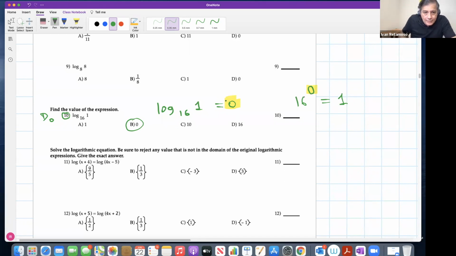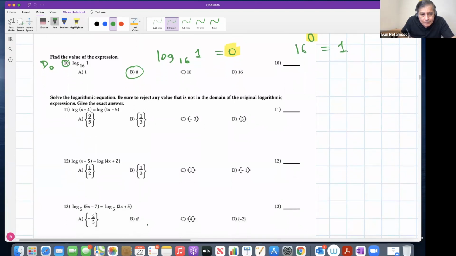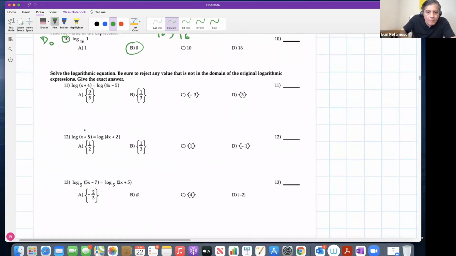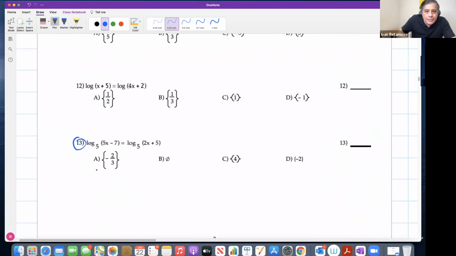Now, let's solve a linear equation. For example, let's try this one. Can you try it? Hint: since logs are one-to-one functions, two equal bases correspond to equal arguments. So basically set the arguments to be equal and solve for x.